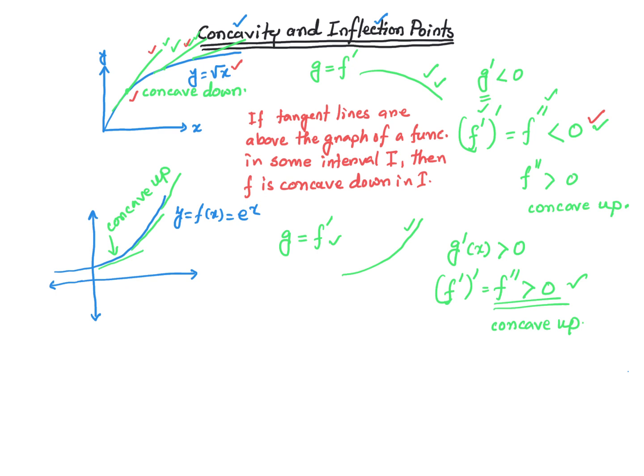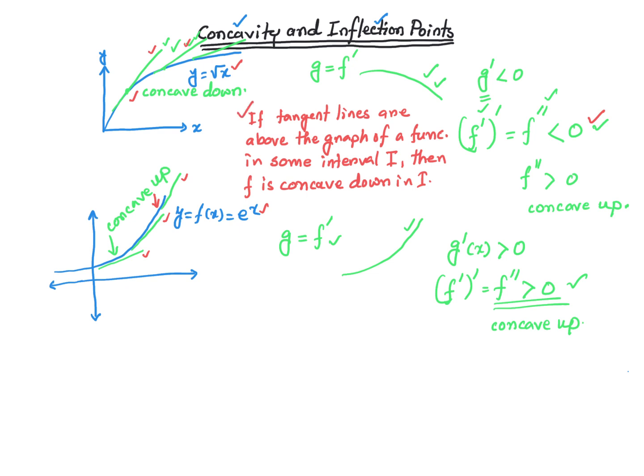So look at each of these tangent lines. All of them are below the graph of the function, which is e to the power x. So if you have tangent lines that are below the graph of the function on some interval, then f is concave up.